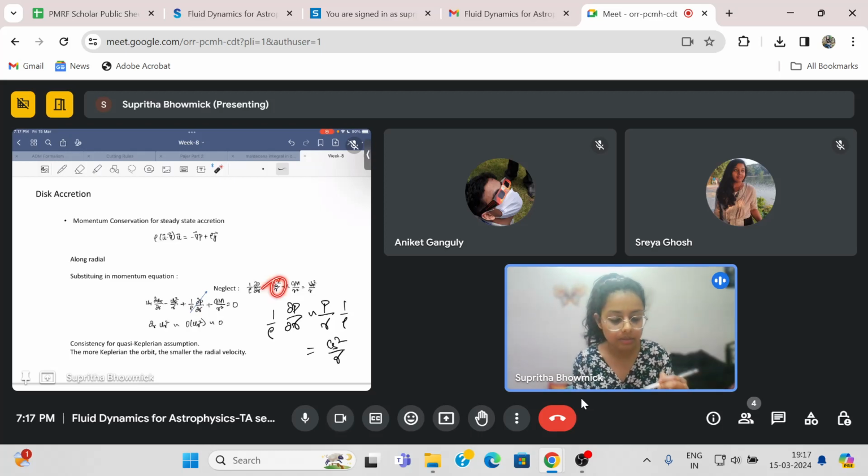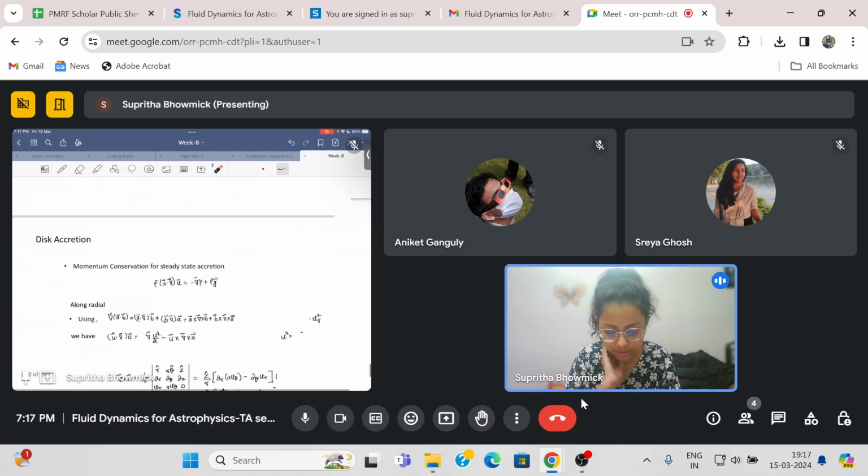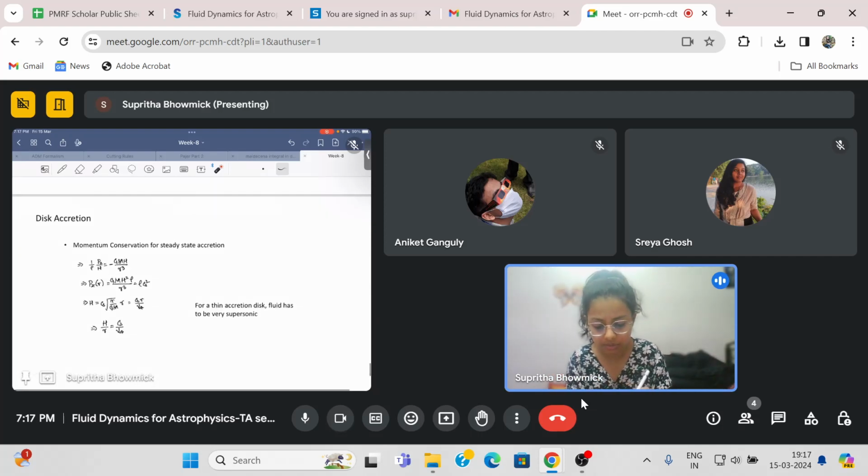But cs square by r is much less than v phi square by r, simply because already from the z component of the momentum conservation equation, we have seen that v phi has to be much greater than cs. The fluid has to be supersonic.